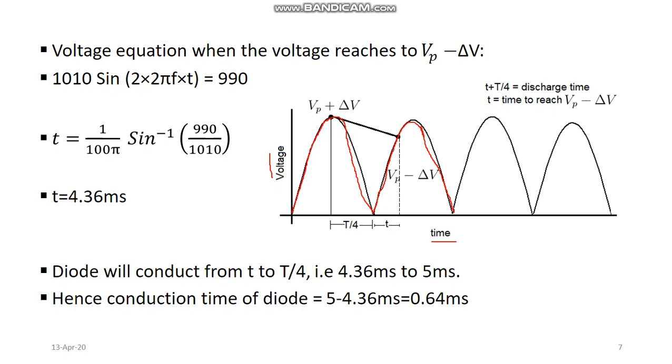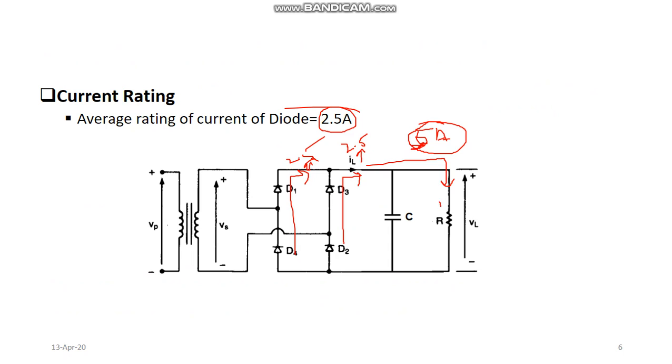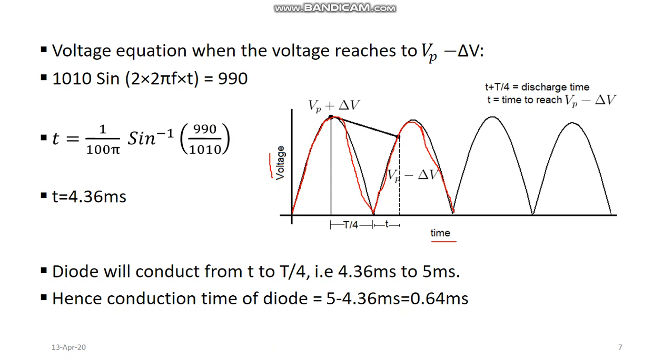But if we consider that a capacitor is used as a filter just behind this resistor, in that case this capacitor will remove this ripple from our output, and we will try to achieve a nearly constant DC output waveform.